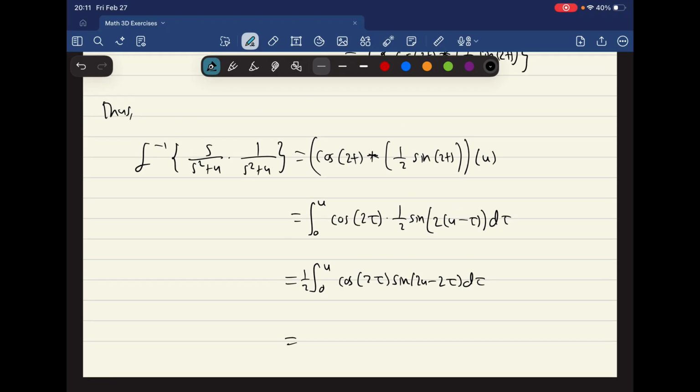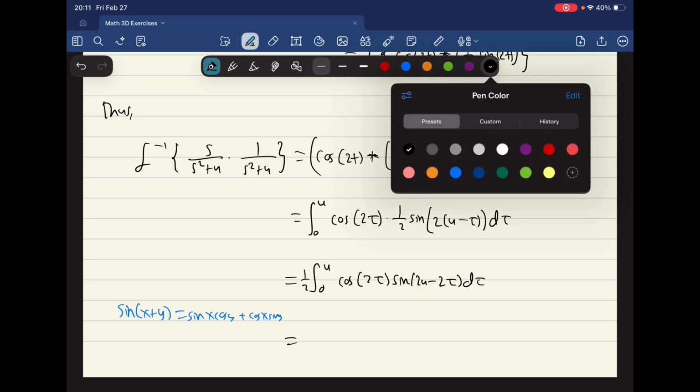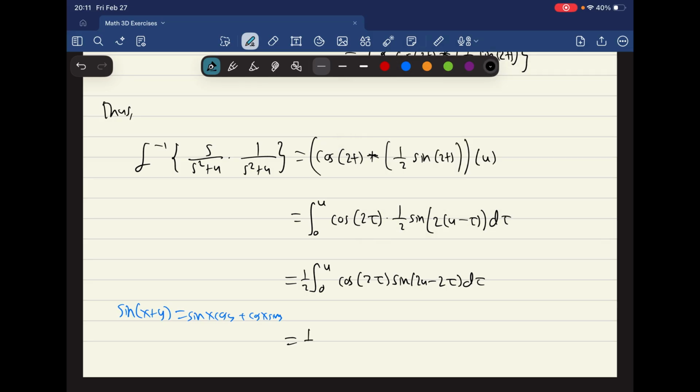And then using a trig identity, the sum formula for sine, sine x cosine y plus cosine x sine y, this is equal to 1/2 integral 0 to u of cosine of 2 tau, and then we're going to have a sine of 2u cosine of negative 2 tau plus cosine of 2u sine of negative 2 tau, all with respect to tau.